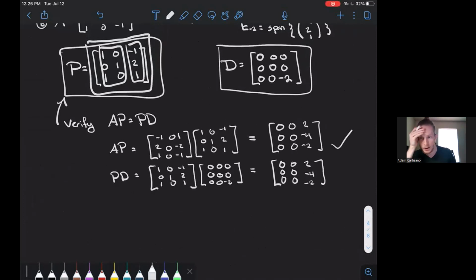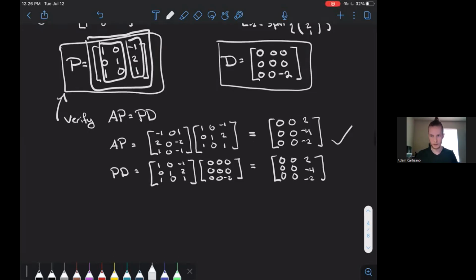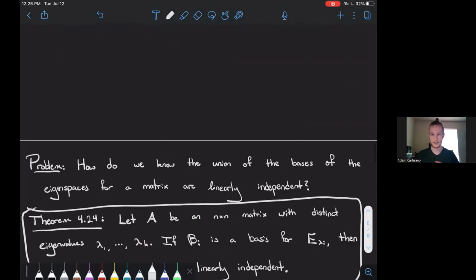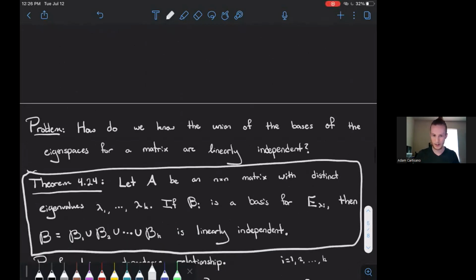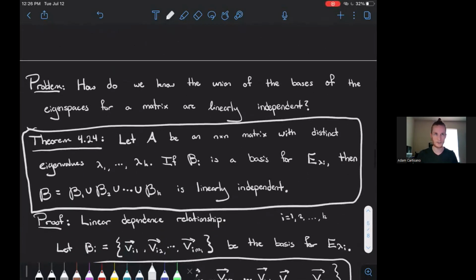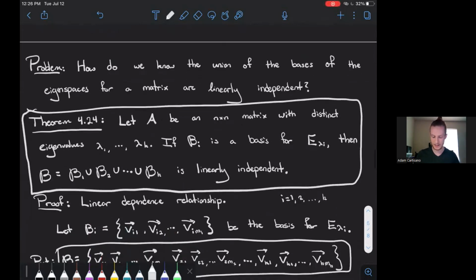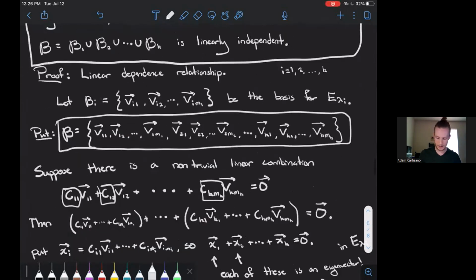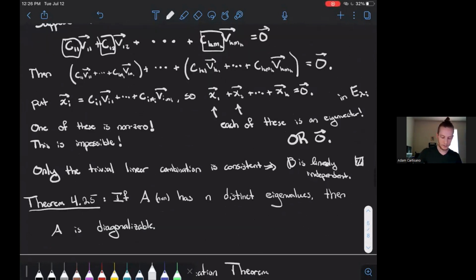Like, oh, wait, I just took the union of a bunch of eigenspaces' bases, are they linearly independent? Guaranteed every time, right? So yeah, we did a really hard thing once, but it saves you from having to solve a system of linear equations every time you want to take a union of bases of eigenspaces. Okay, great.